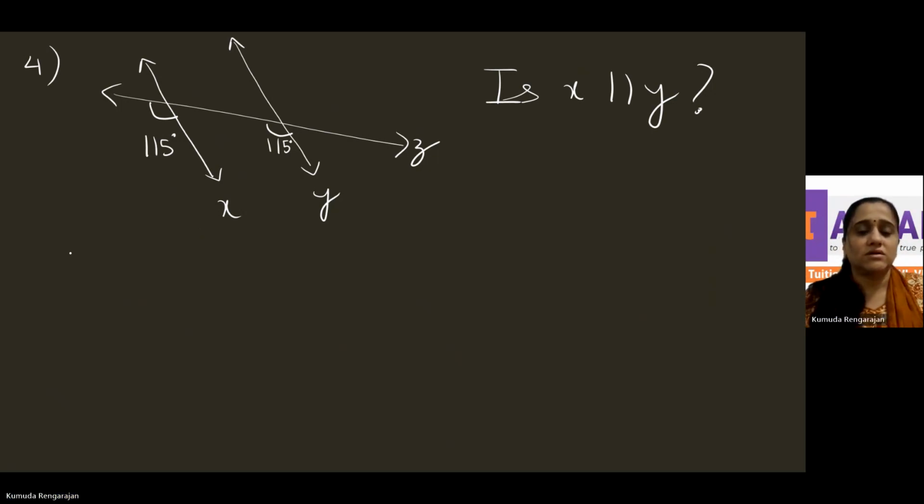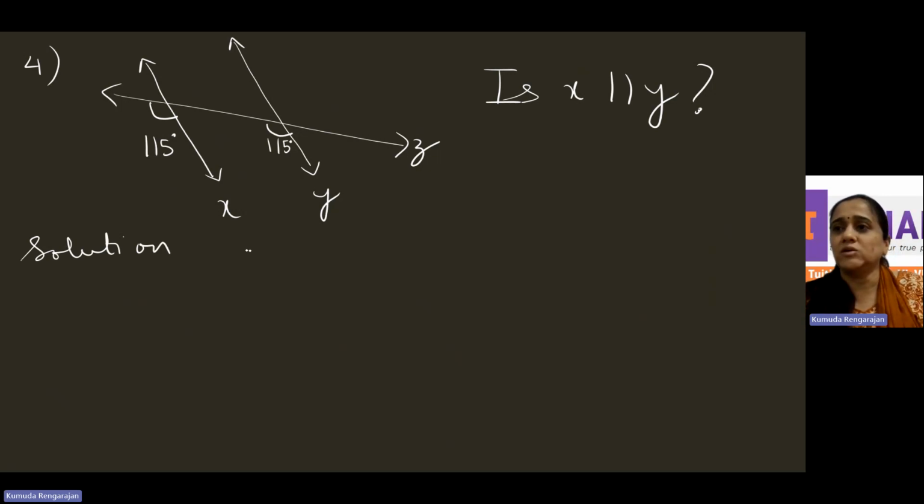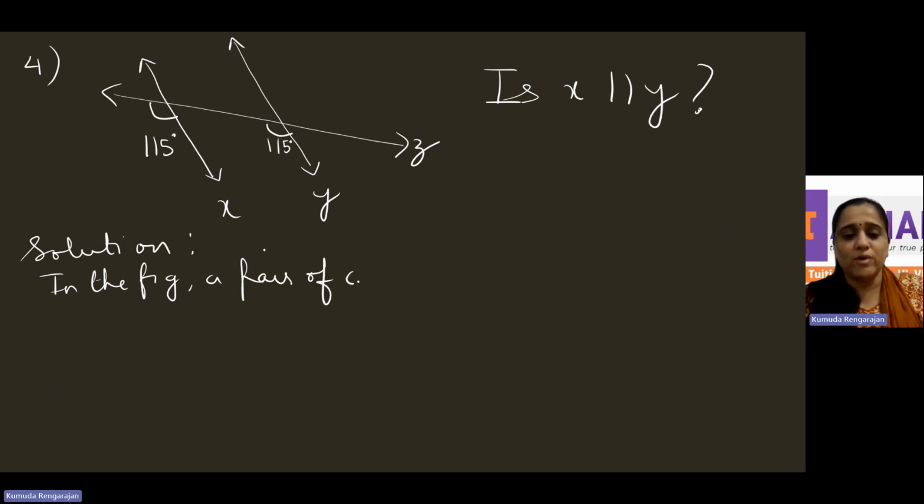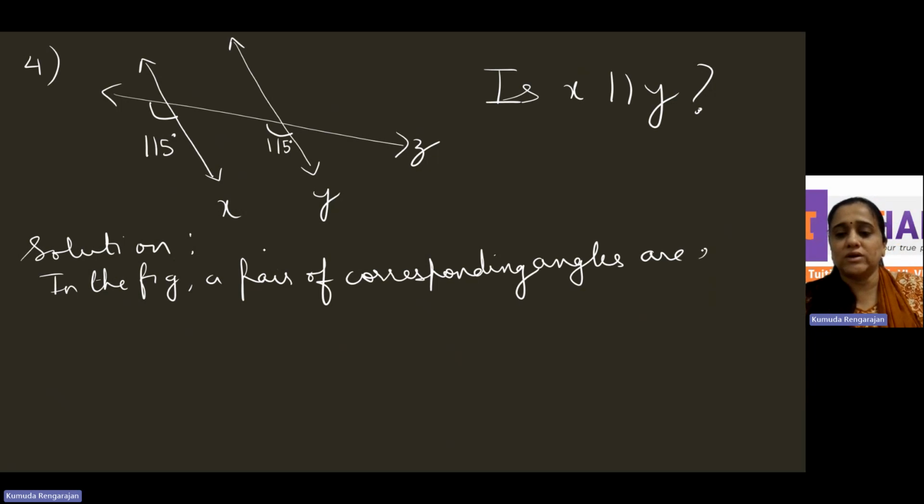So here, you'll have to answer the question: is line X parallel to line Y? That's the question. So you must say, in the figure, a pair of corresponding angles are equal.